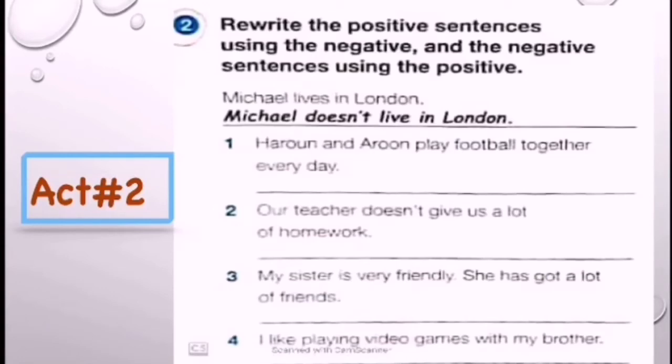My sister is not very friendly and she does not have a lot of friends. Next is I like playing video game with my brother. It is positive. We have to make it negative. I do not like playing video games with my brother.